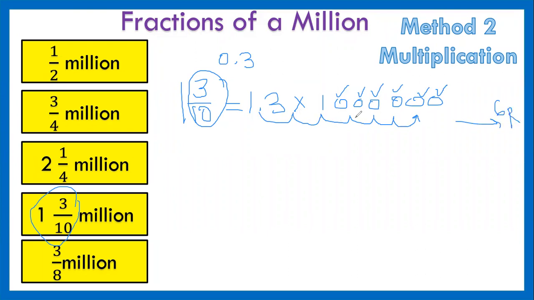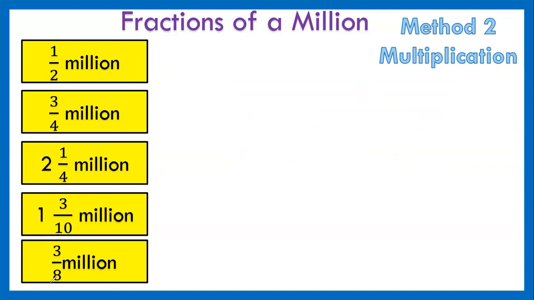So 1, 2, 3, 4, 5, 6. So all this is going to be filled up with zeros. Now I will write the digits again, 1, 3. So 1, 2, 3, 4, 5 zeros. So it's 1,300,000. Okay, clear.